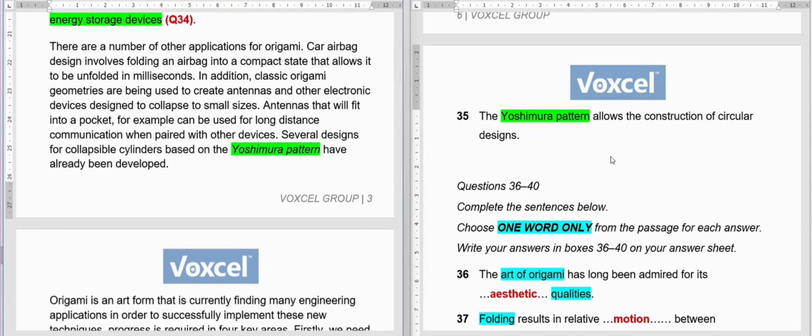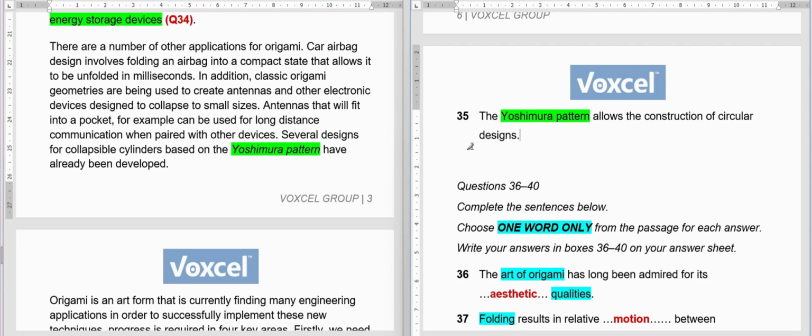Okay, let's read the question now. The Yoshimura pattern allows the construction of circular design. So if with the help of the Yoshimura pattern we can build circular designs, the answer to this question will be true. But if we cannot construct circular designs, and can only construct a square, rectangular, or any other kind of design apart from circular, then the answer will be false.